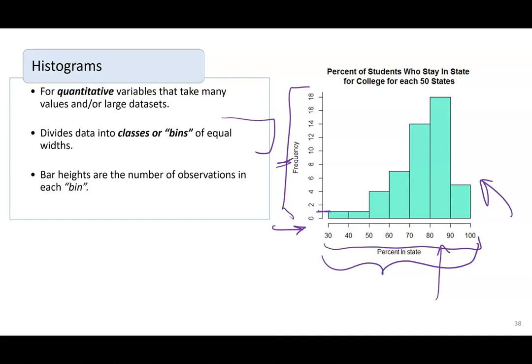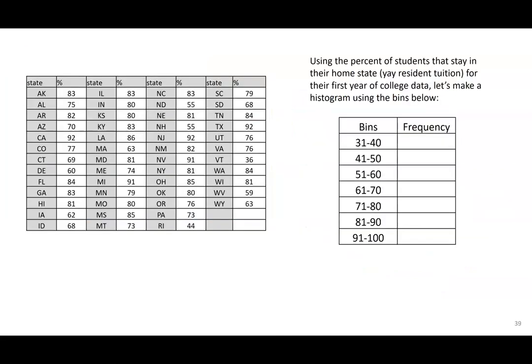You're going to want to stick to this order. It's a histogram. So if it's this quantitative thing and you can't rearrange the bars reasonably, it's going to be a histogram. If you can rearrange the bars because they're categories and it doesn't matter what order they're in, it'll be a bar plot.